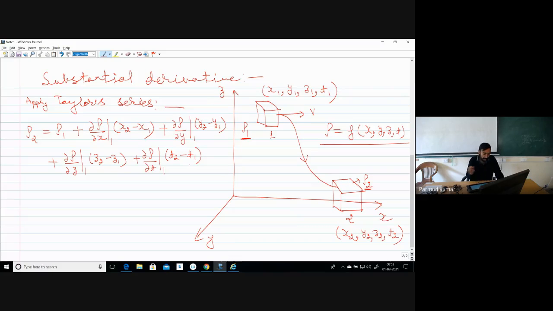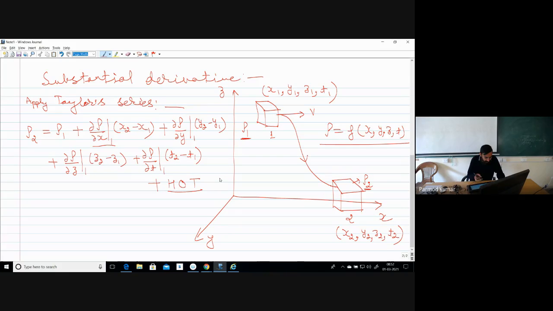Now I have only considered the first order terms in this Taylor series expansion. Apart from this, the Taylor series has some higher order terms also. So I am writing only plus HOT over here, because we will be neglecting all the higher order terms.